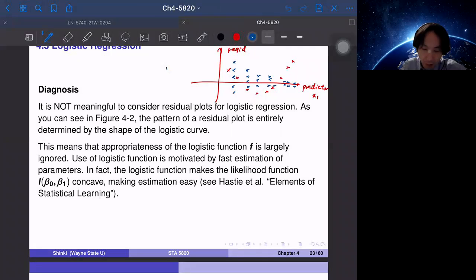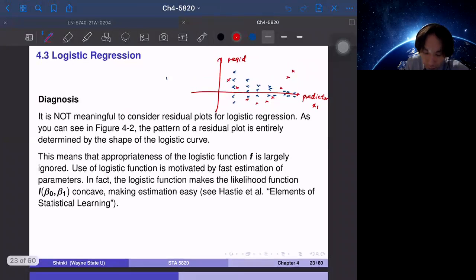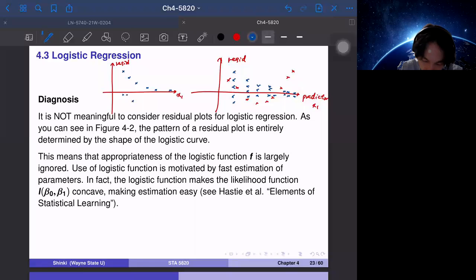Actually, if we make the scatter plot, the residual plot for logistic regression against the predictors, then typically the residual plot looks like this.